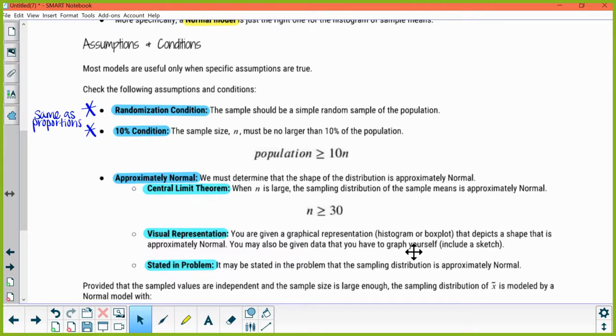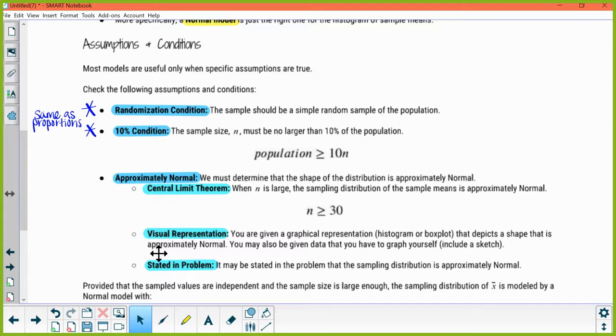The reason why I say this most likely will not happen on the AP exam is because they understand that calculator error happens, and the possibility of you striking the wrong number is very, very high. So for the most part, they will give you a graphical representation if that's the direction they want you to go.